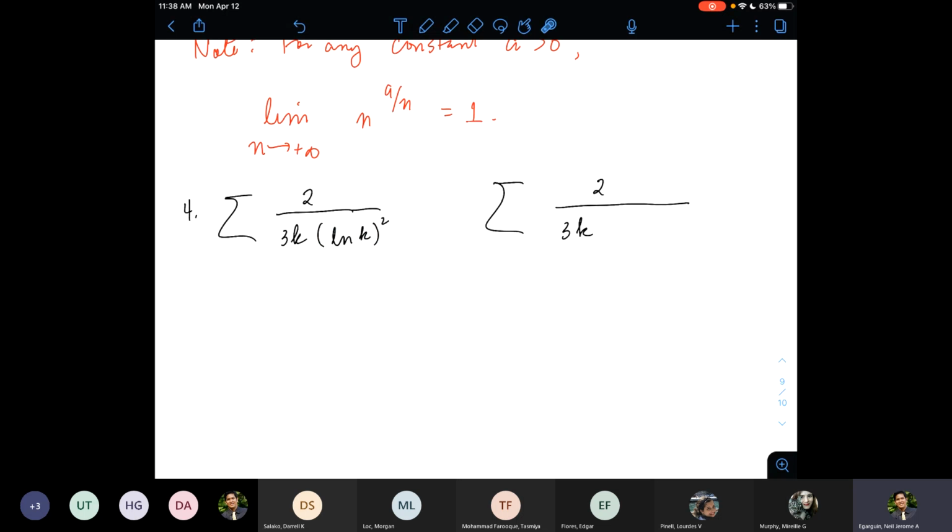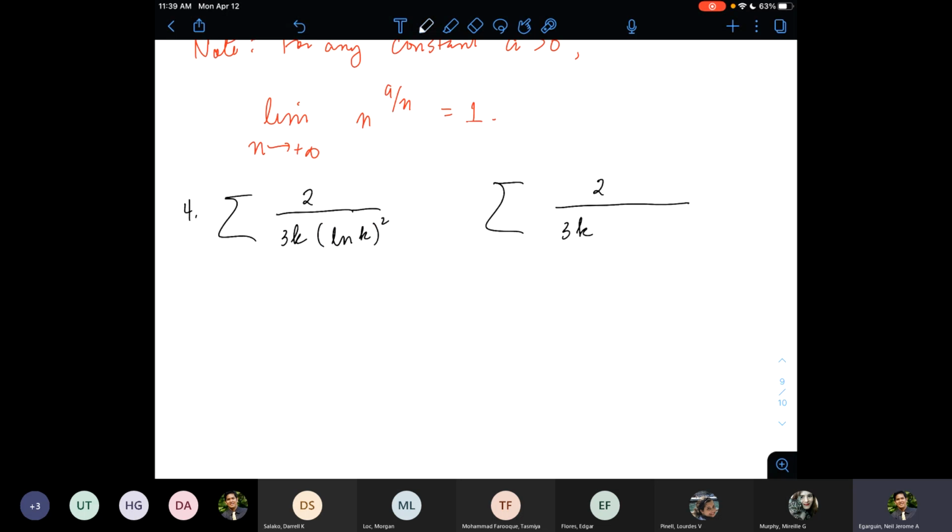One thing we can note is that ln k is smaller than k, right? Because ln k is the exponent to which you will raise e to get k. So definitely it's smaller than k.